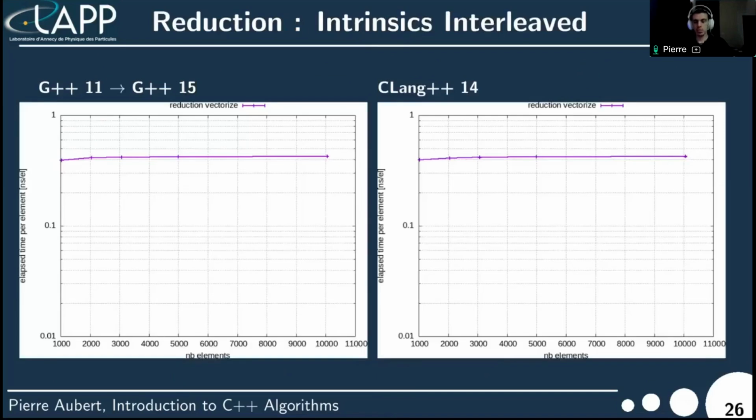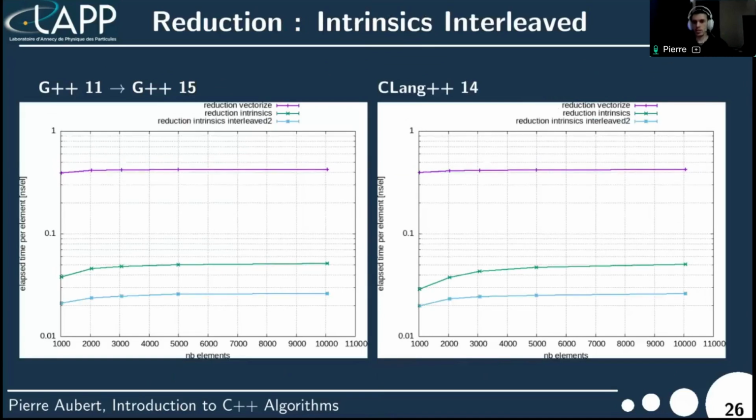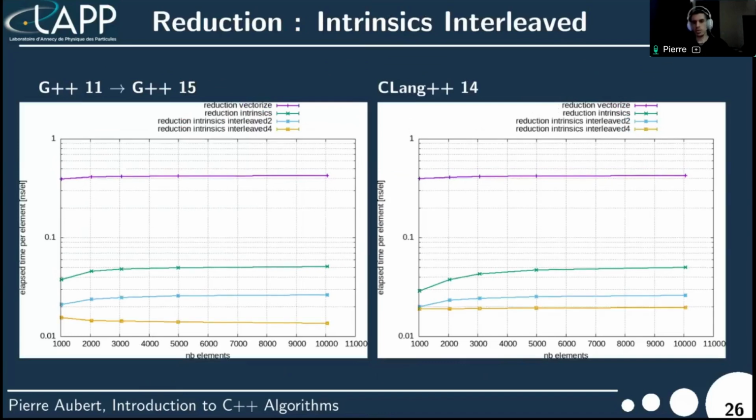So that's why, if I get the classic vectorized for loop, I can have my intrinsics, as I said before, so I sum vector register to vector register, the same strategy for the reduce. Then I can interleave twice, with 2 accumulators. I can interleave 4 times with 4 accumulators, and notice that with 4 times G++ is really smarter than Clang and does a better optimization here, because it understands that, okay, we can maybe unroll one time to be sure that we reach the peak performance, and Clang cannot do that here.